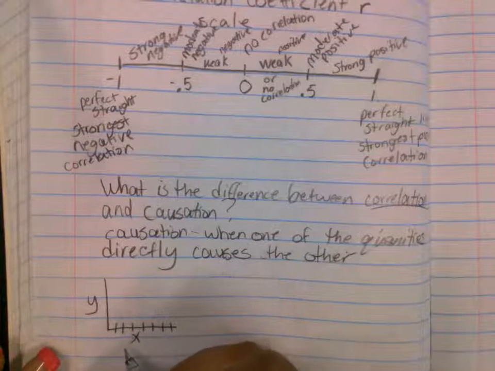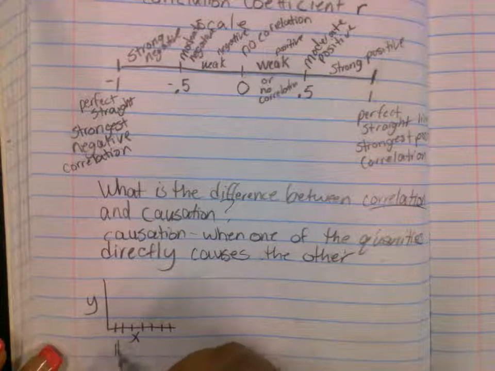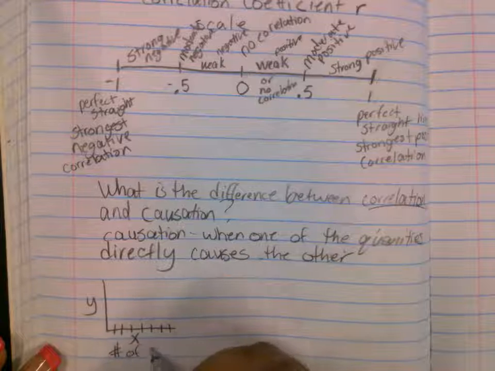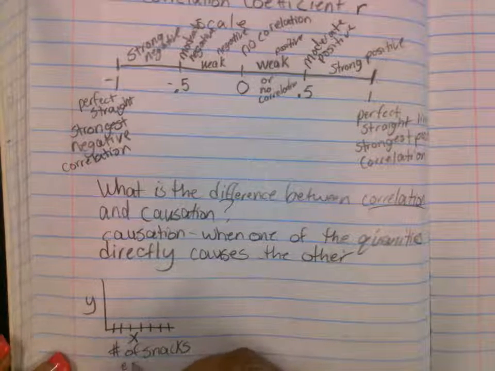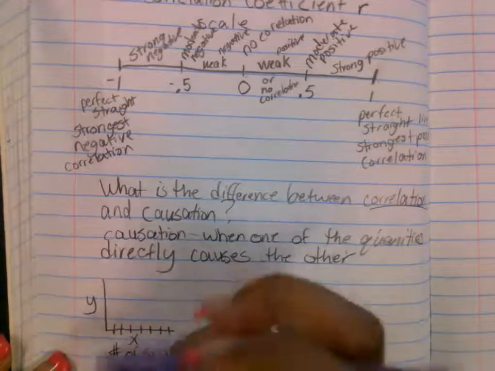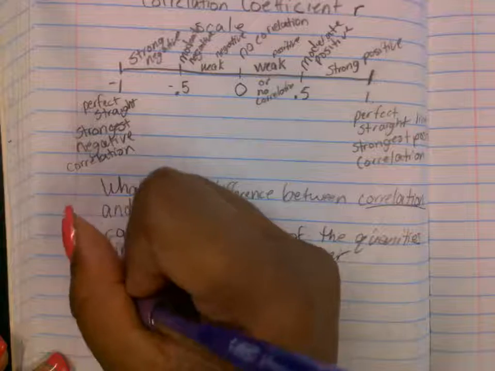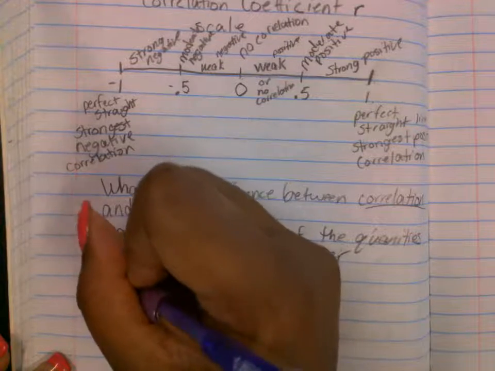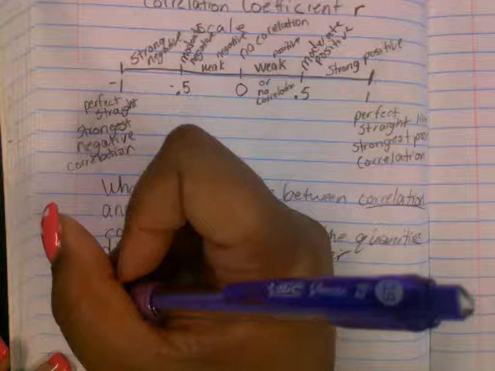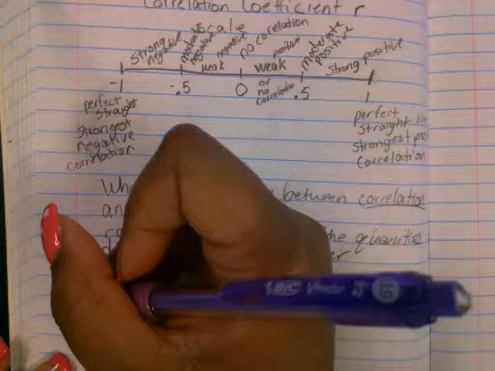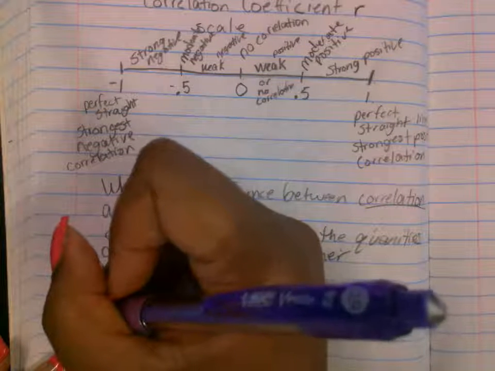Let's use the number of snacks that a person eats. Okay, number of snacks. And the number of people that have diabetes.